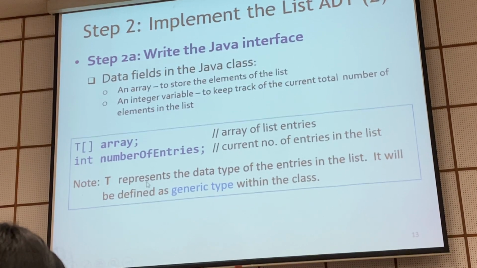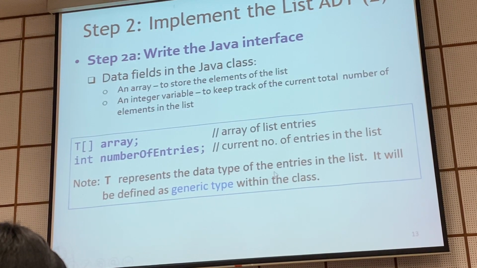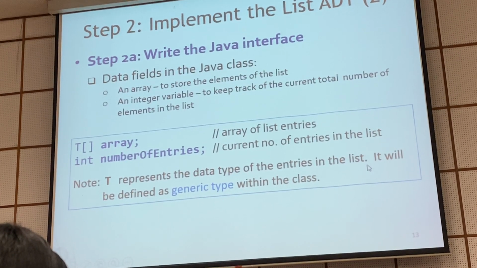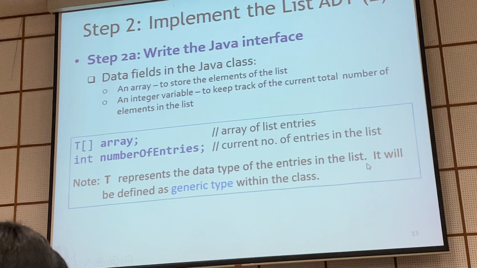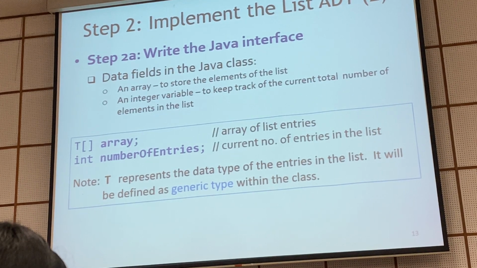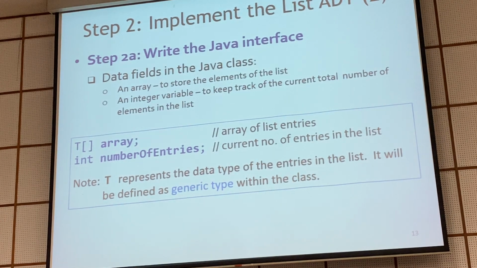T represents the data type of the entry in the list. If you are putting in a student ID list, then it becomes integer. Can you understand?